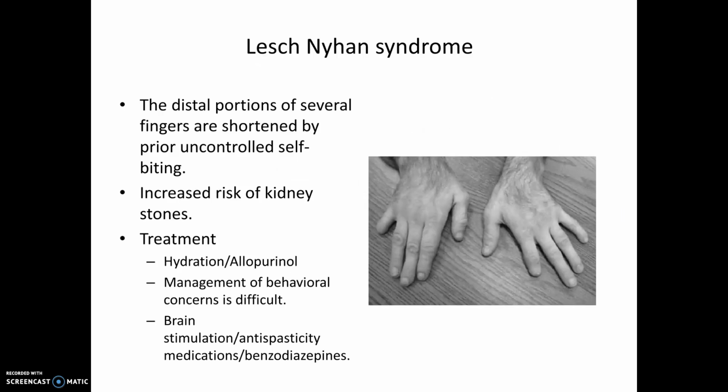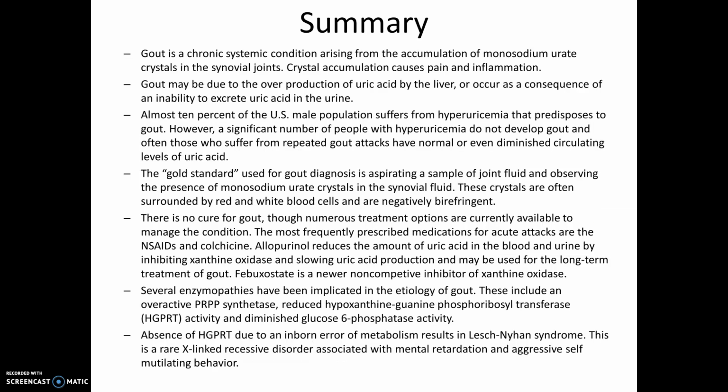Please do read these slides. Lesch-Nyhan syndrome is a really serious condition associated with self-mutilation on the part of the patient. It's the only pathology, I think, that requires or may require the implementation of a straitjacket. So we can see some management options here.